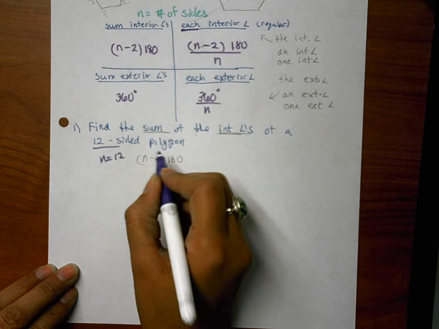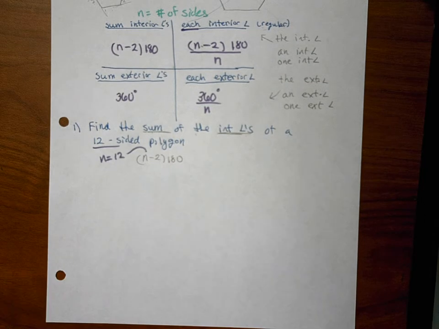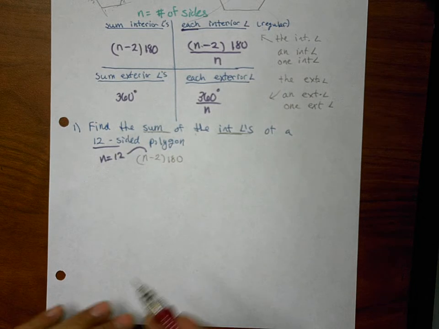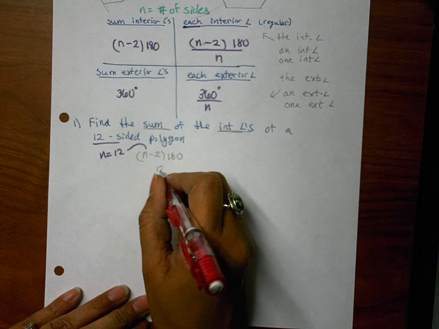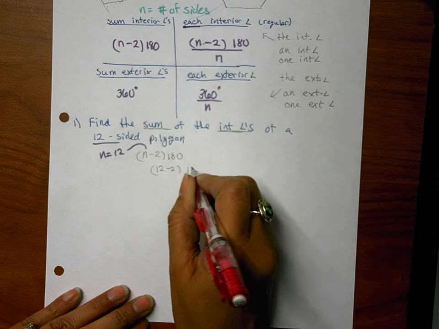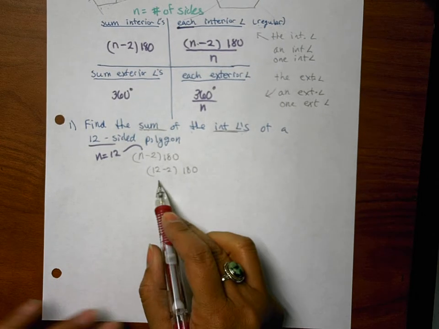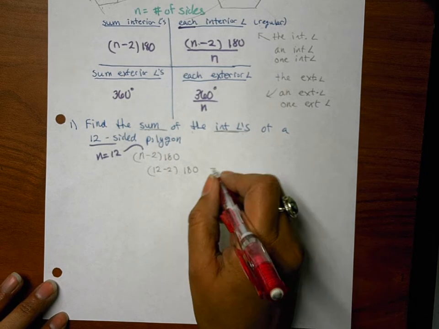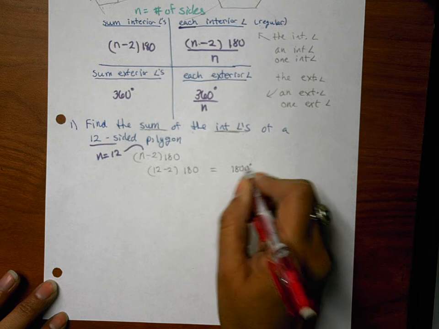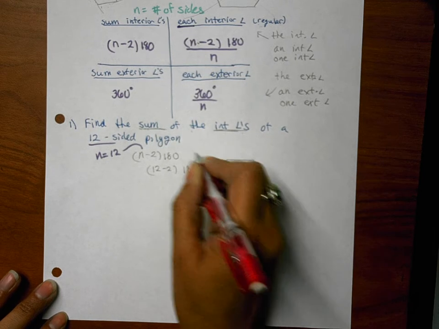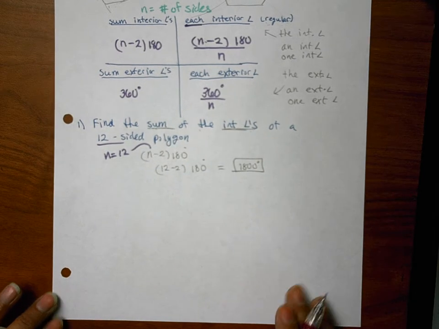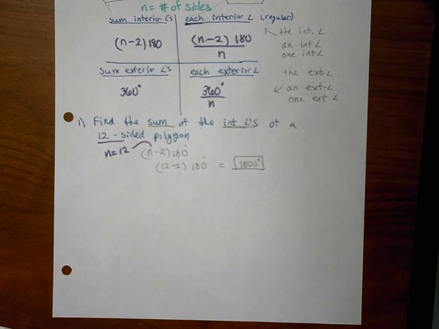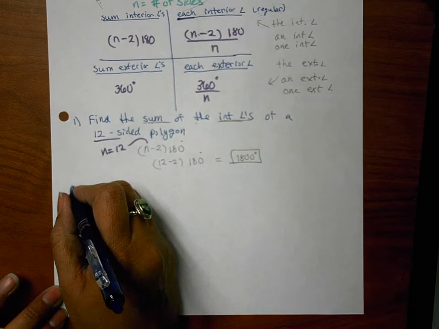N equals 12, and you just plug it in. So you would end up with 12 minus 2 times 180, and you can use your calculator. This you can do without, because 12 minus 2 is 10, and 10 times 180 is 1,800. So the sum of the interior angles of a 12-sided polygon is 1,800 degrees.